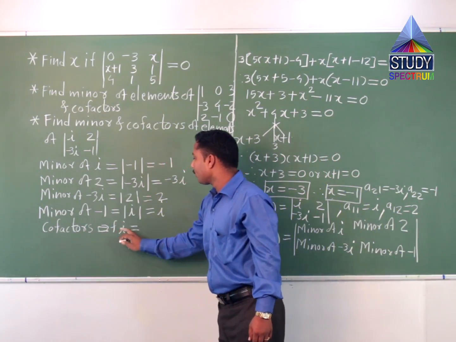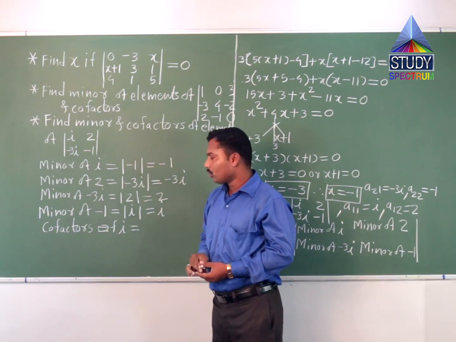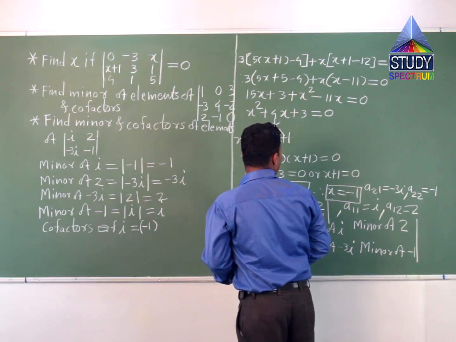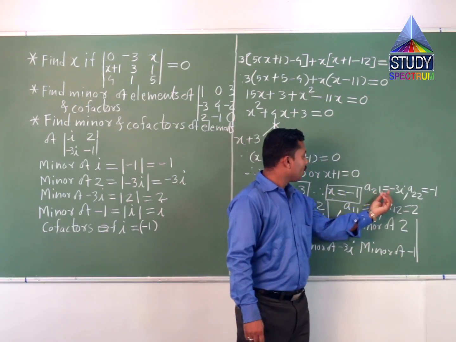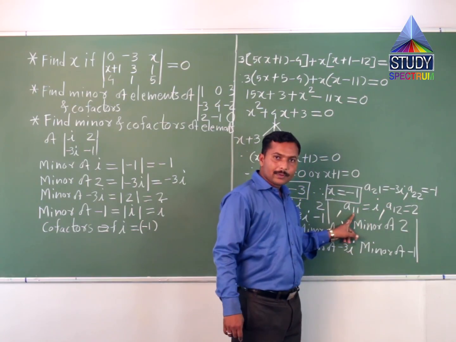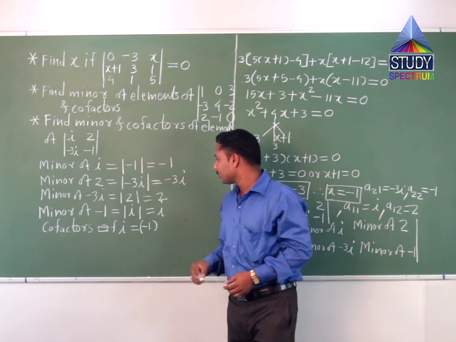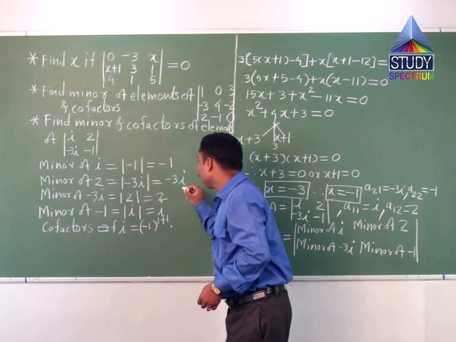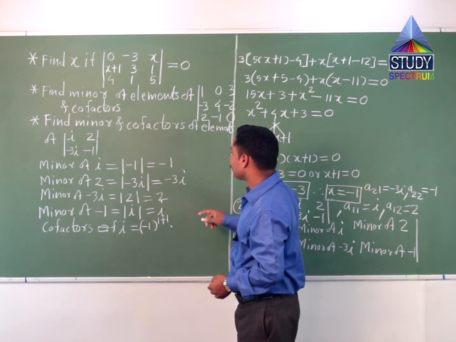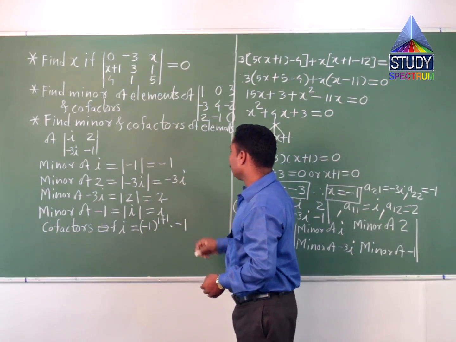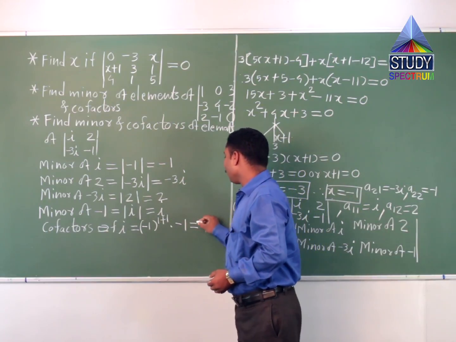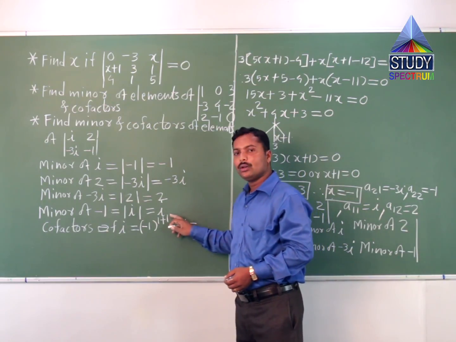Therefore cofactor of this i equal to what? Minus 1 raised to the power of the suffix of a11, so 1 plus 1, into minor of this i, which is -1. 1 plus 1 is 2.